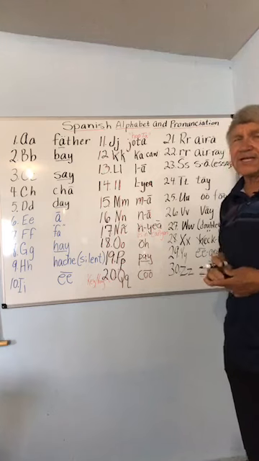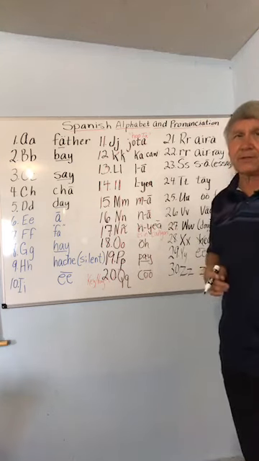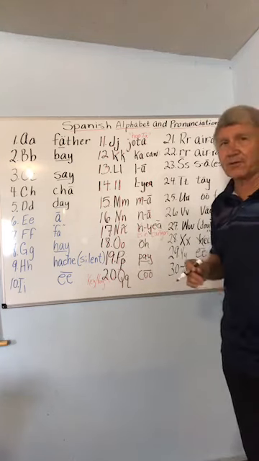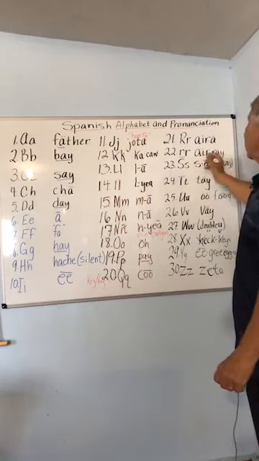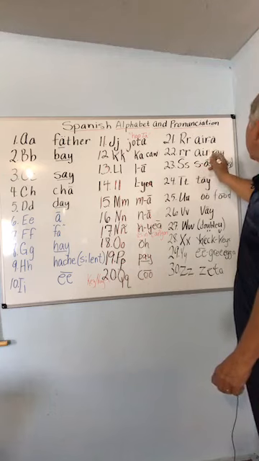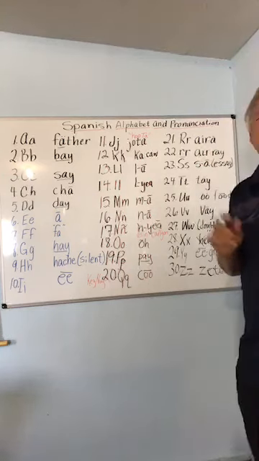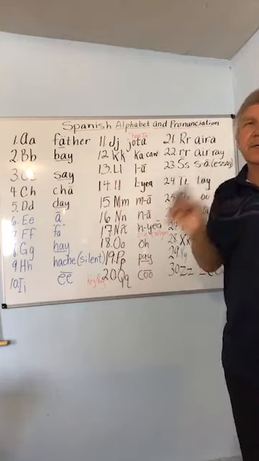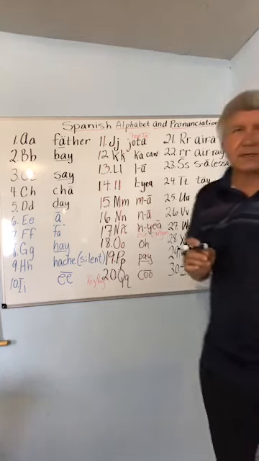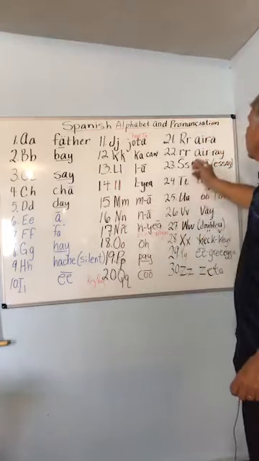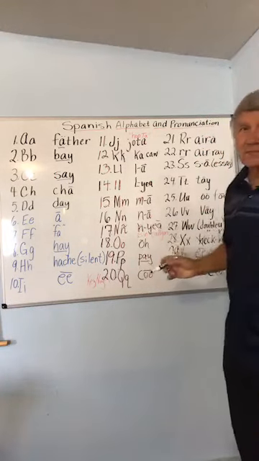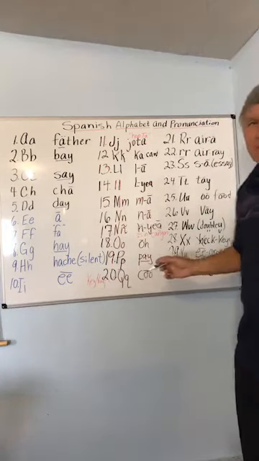You say, "Well, I can't roll my R's." Don't worry about rolling your R's. That comes naturally after a while. But we have two R's together. The name of it is ere. But the way that you sound it, ere. Okay, ere.